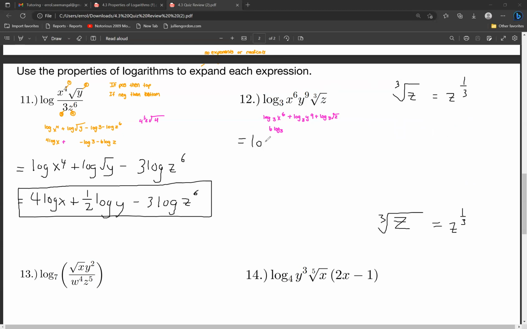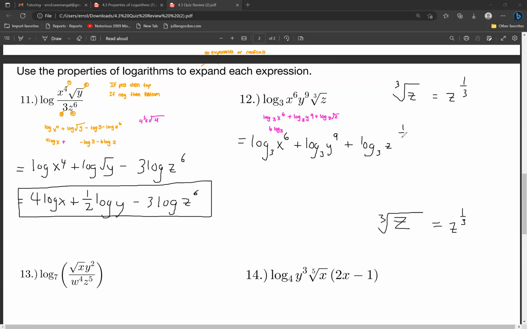Log 3 of x to the 6, right? Plus the second one is log 3 of y to the 9, plus the last one is log 3 z. What's the exponent here? 1/3. There you go.